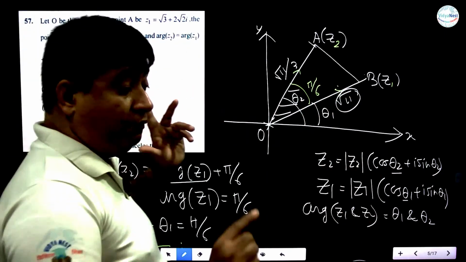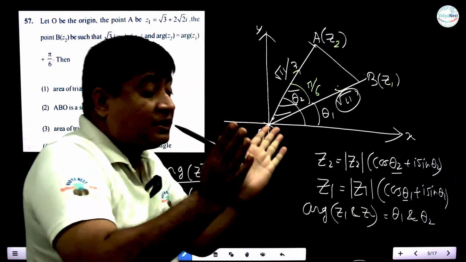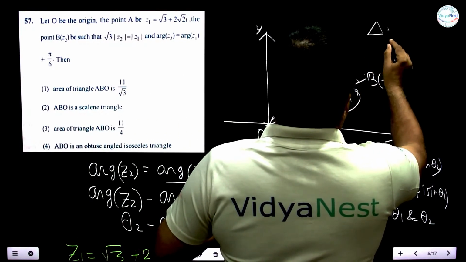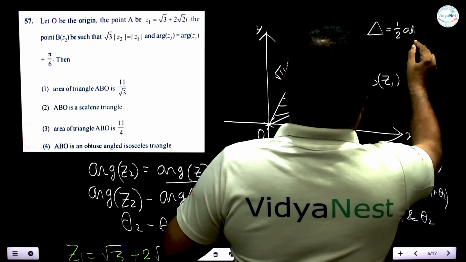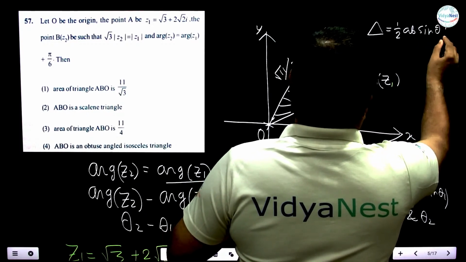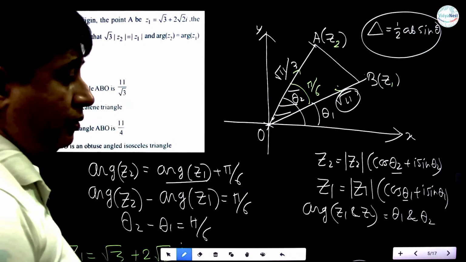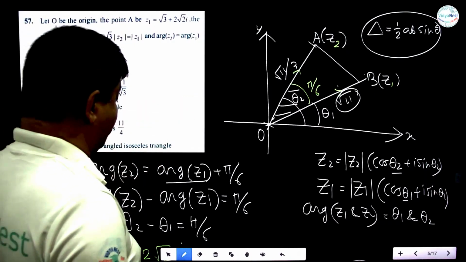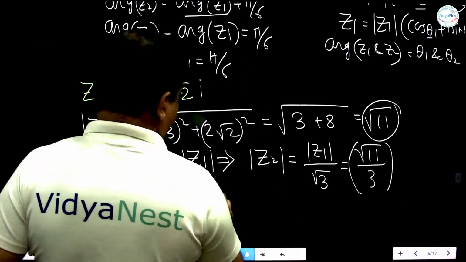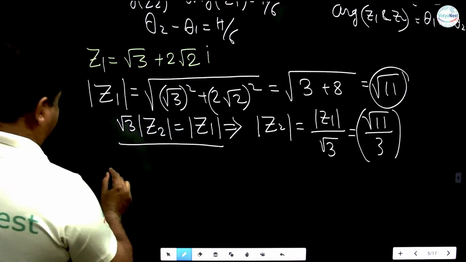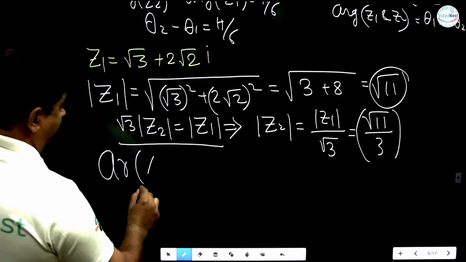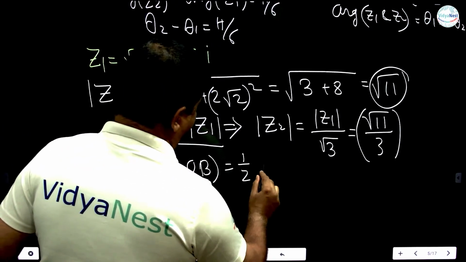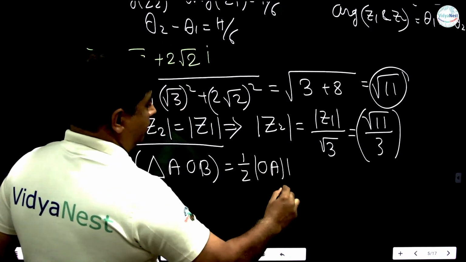So if you know two sides of a triangle and their included angle, then what will be the area of the triangle? Half AB sin theta by trigonometry. Yes or no? Yes sir. So let us apply that formula here. Therefore, area of triangle AOB is equal to half OA OB.